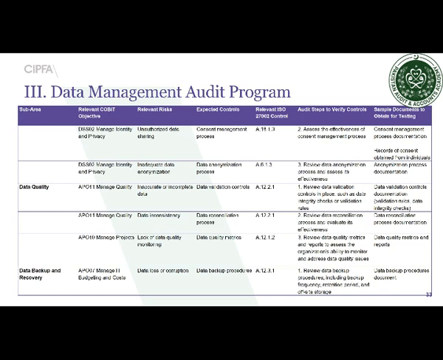Data inconsistency, data reconciliation process. If you have different tables that captured certain information, you could compare or reconcile data. So if there's any data reconciliation process or documentation, that could also be looked at. We've talked about annual certification.